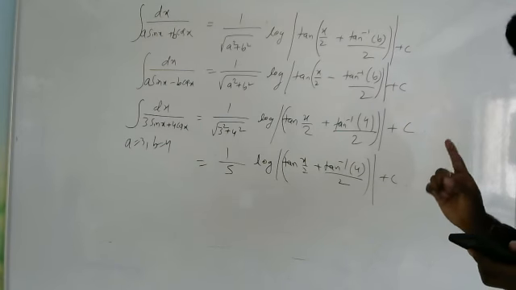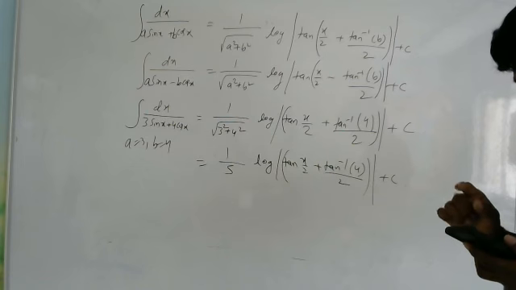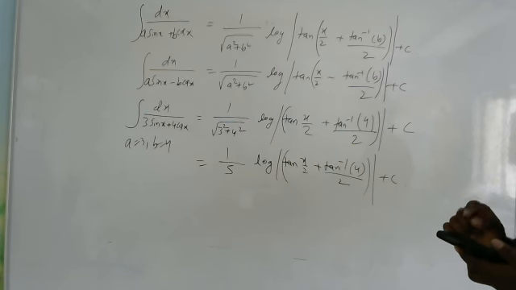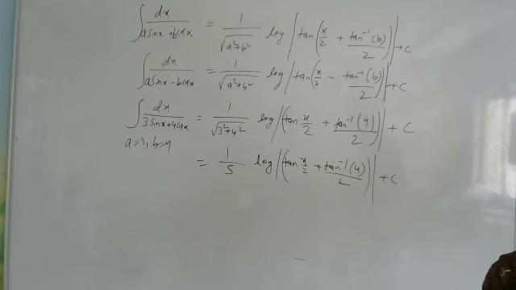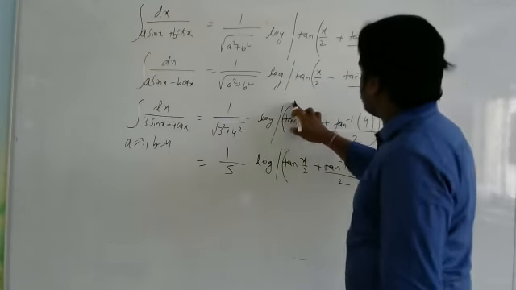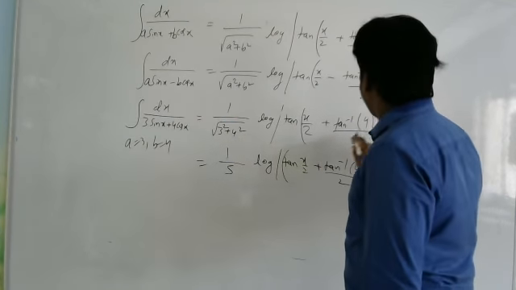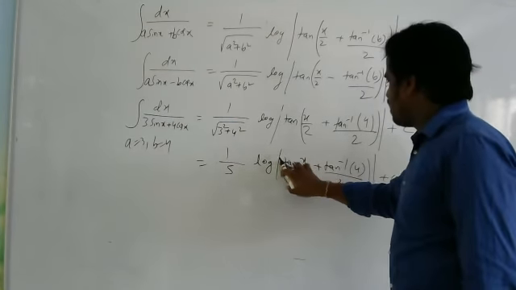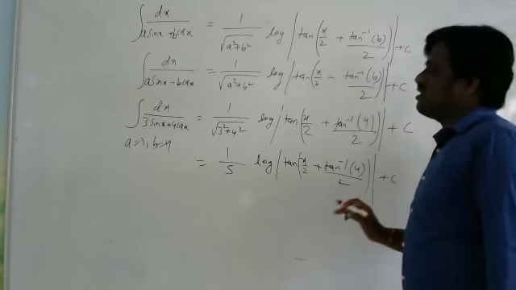I repeat again: 1 by under root of a square plus b square, log mod tan x by 2 plus or minus, with the bracket here, tan of x by 2 in the bracket. So this is the answer.